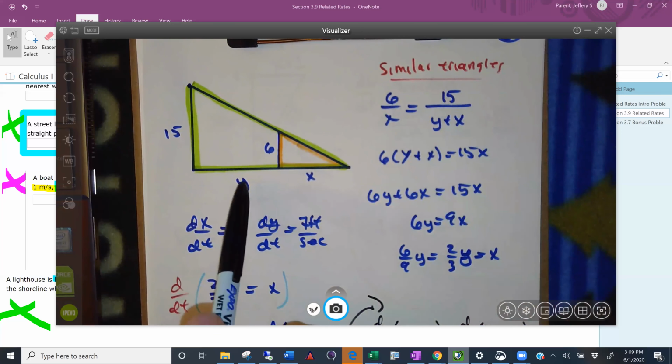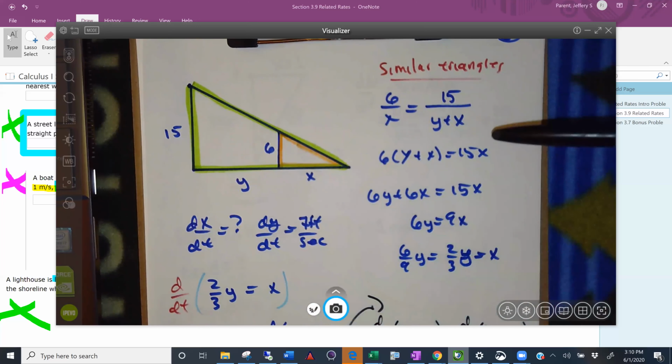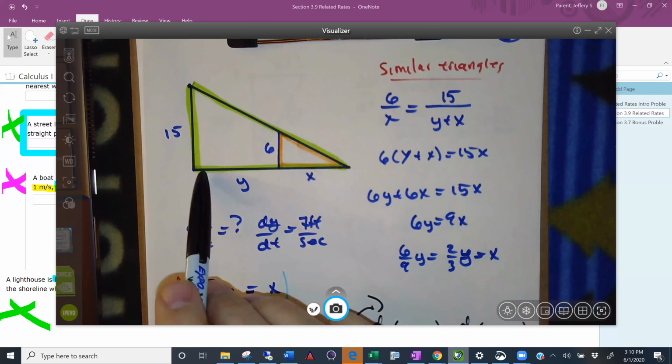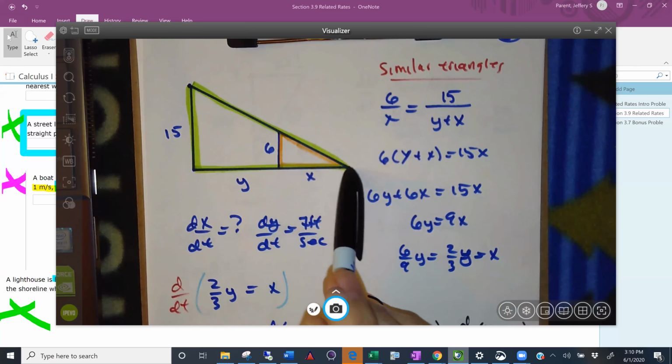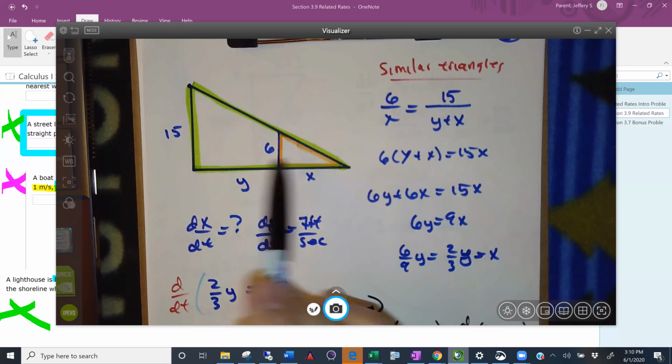Now, the length of this is y plus x, and that's important to keep in mind. That's going to be the distance from the wall to the tip of the shadow. We want to know how that distance is changing.